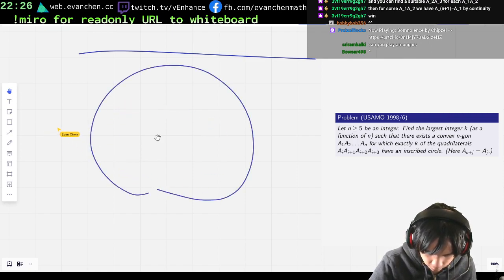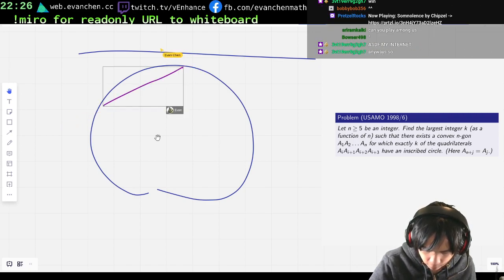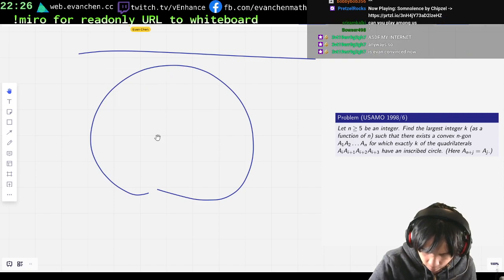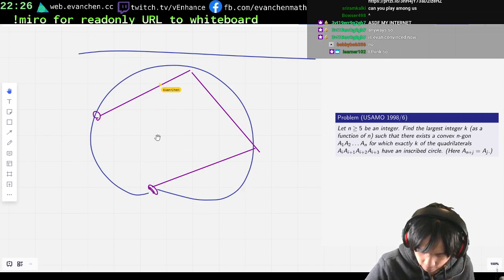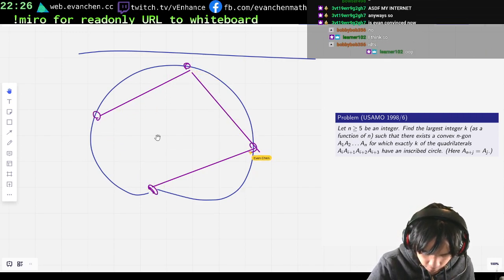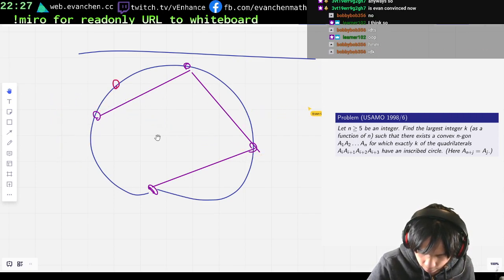Okay, so I can. So I fix 3 things here, and then I pick the red vertex here.